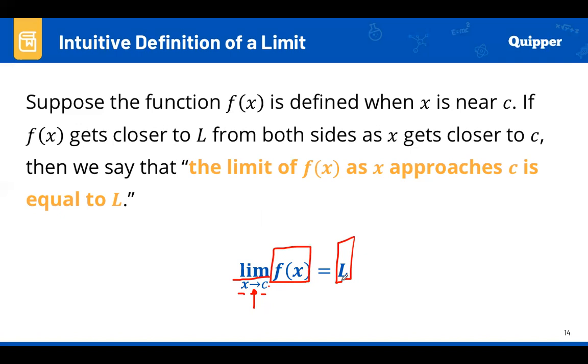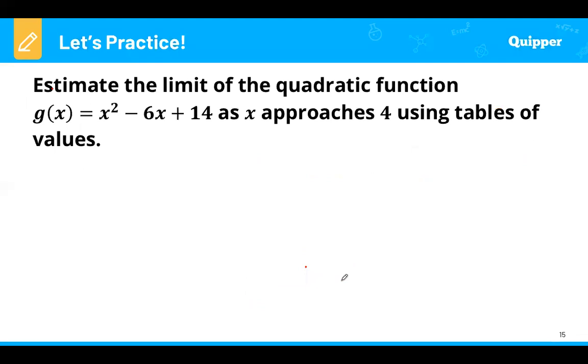Let us try to review or answer some problems regarding our last topic. So we have to estimate the limit of the quadratic function g of x equal to x squared minus 6x plus 14 as x approaches 4 using tables of values.